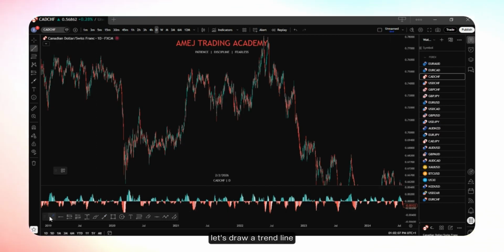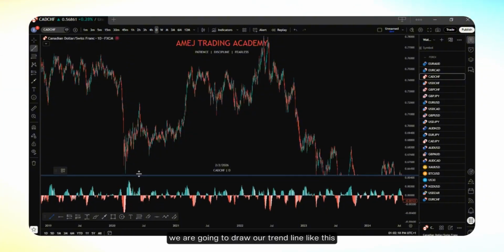Let's draw a trend line. We can all see that this particular candle is a very weak candle, but we are not going to cut it off. We are going to draw our trend line like this.